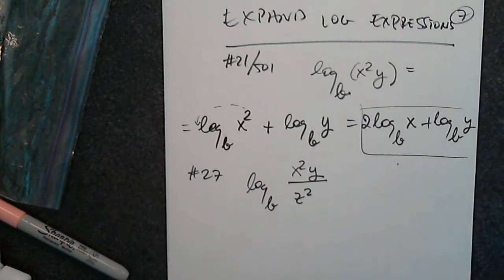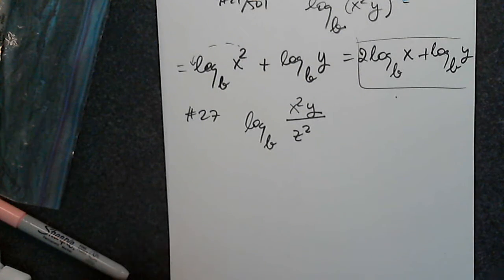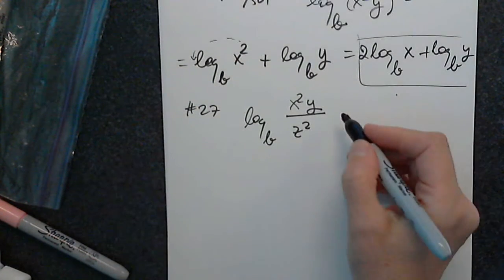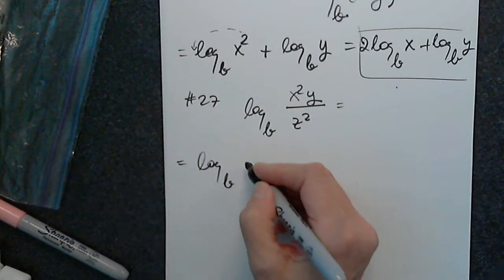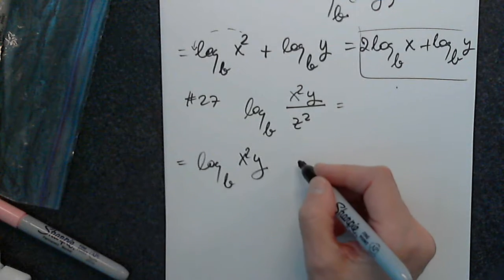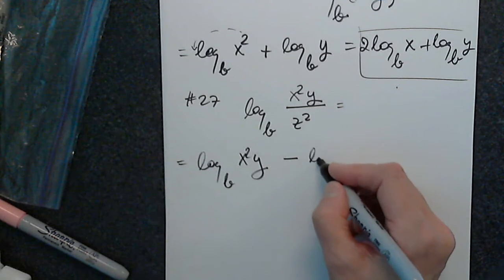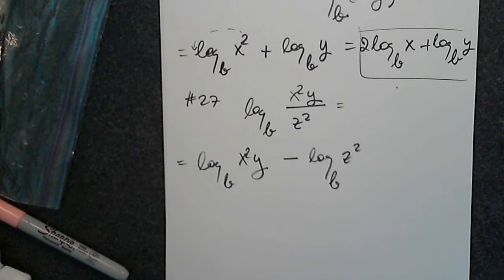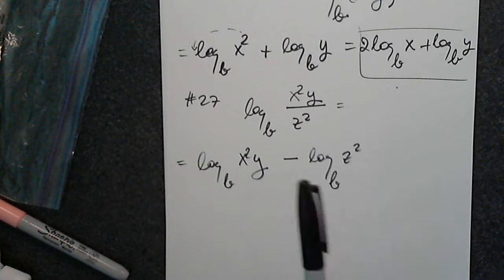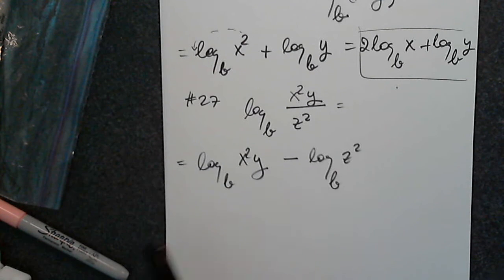Ready? We have to apply the quotient rule first. Can anyone tell us what to write? Log base b of x squared y. Exactly. Log base b of z squared. Great job. So we are done with the quotient rule, but now the product rule is applicable right here, and the power rule applicable here.